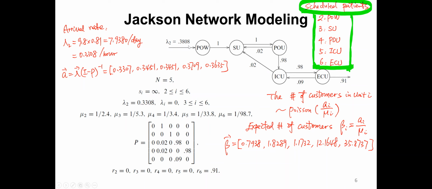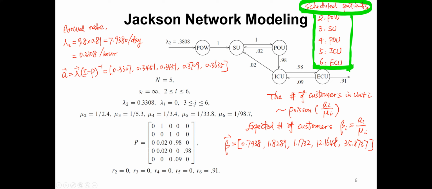The arrival rate is still from the thinning of the Poisson process: 9.8 patients per day, times 0.81 for scheduled patients. So you have 7.9380 per day, and that is 0.3308 per hour arrival. So this is the arrival rate. You also have an exit probability, like 91%.